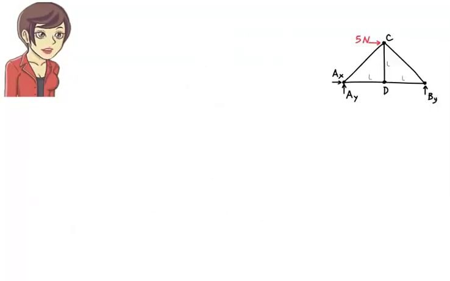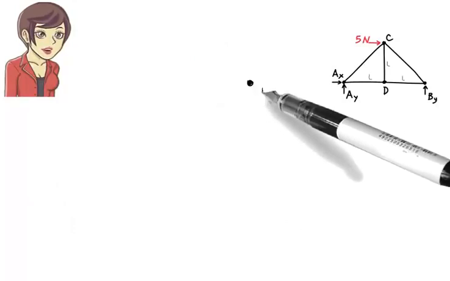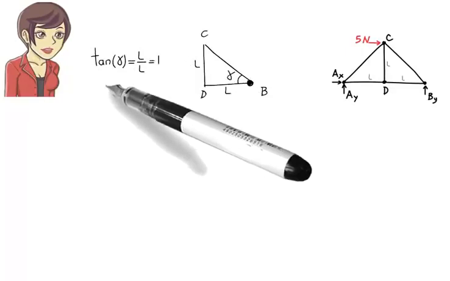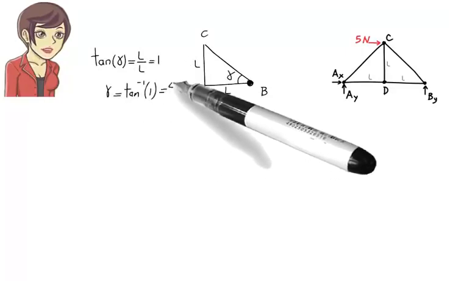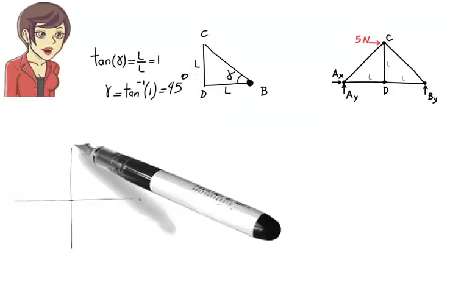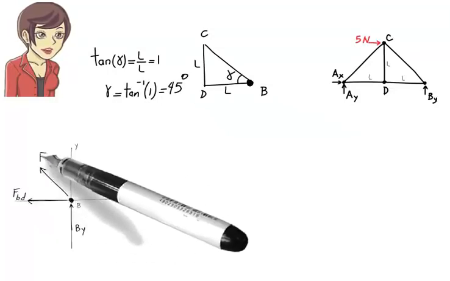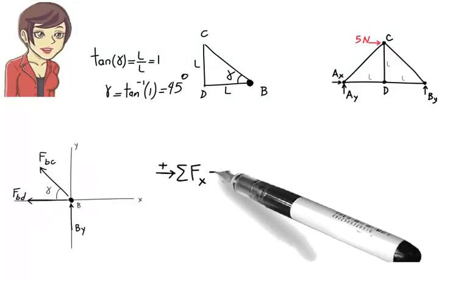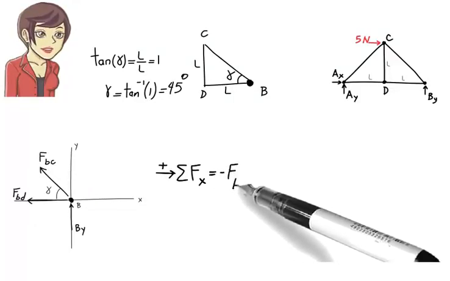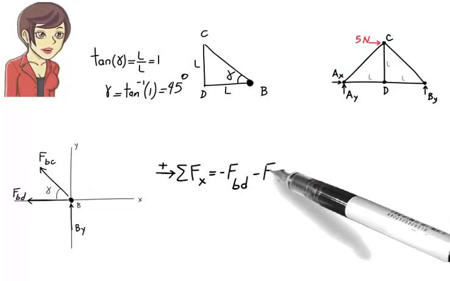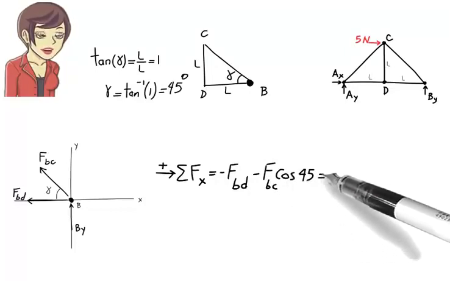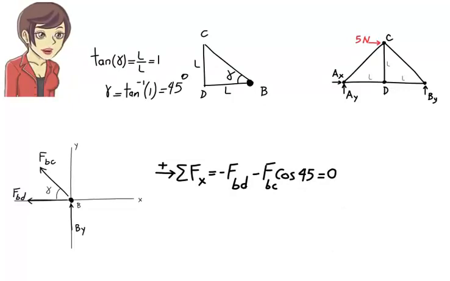For joint B, angle gamma can be easily calculated from the truss geometry. The angle is 45 degrees. The two force equilibrium equations for this joint are sum of the forces in the x direction equals negative FBD minus FBC cosine 45 equals 0.